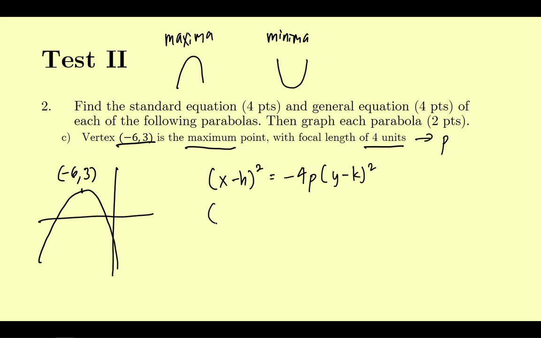So x plus 6 squared is equal to negative 4 times 4 times y minus 3.